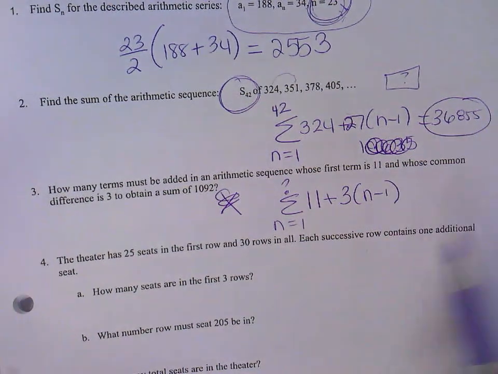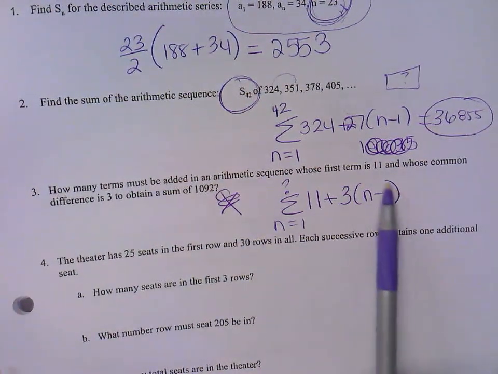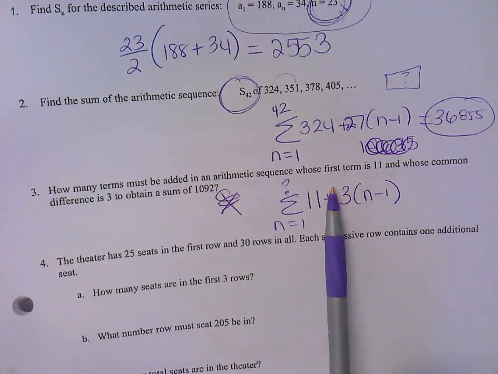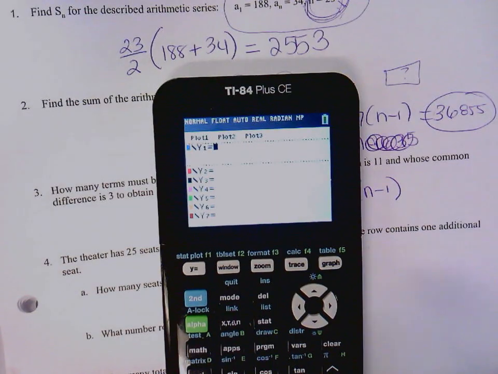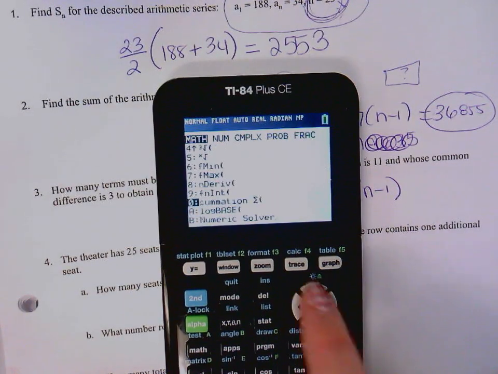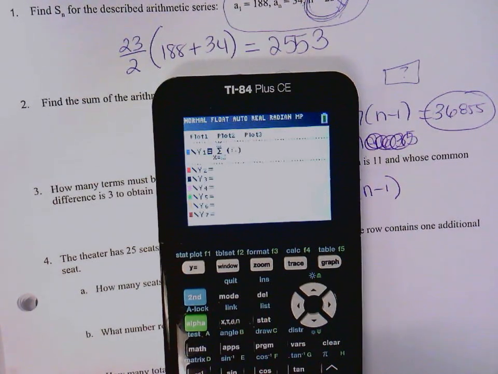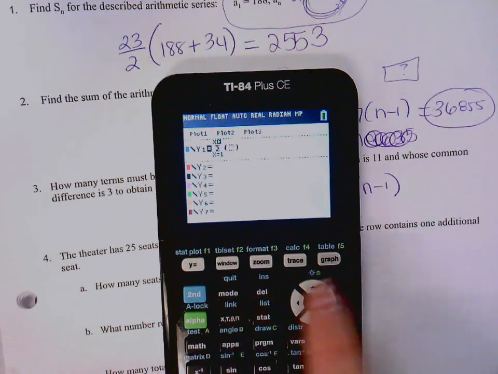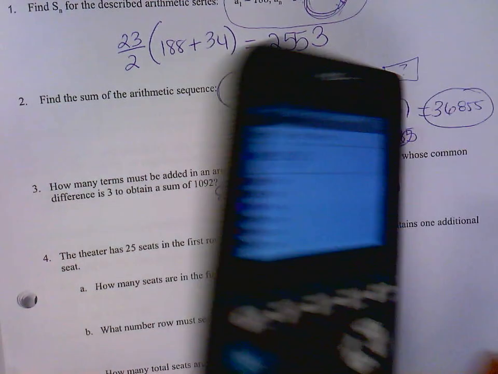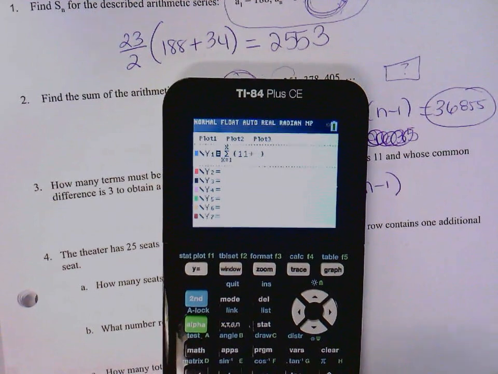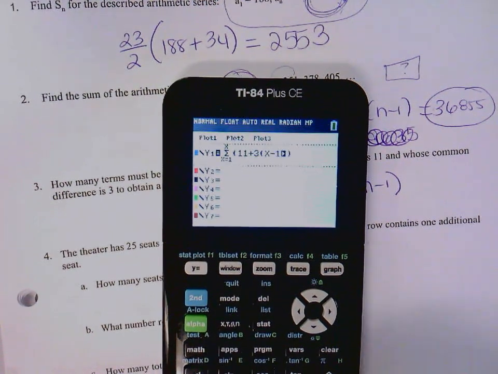And actually, can you put this in your y equals menu? X equals 1 to x at the top, can't you? I'm pretty sure you can put it in your y equals menu, math summation, say x goes from 1 up to x. I think it works. 11 plus 3 times n minus 1, and go to your table.